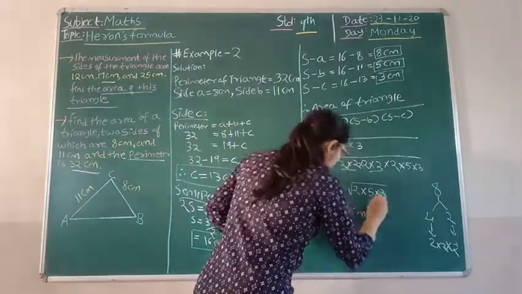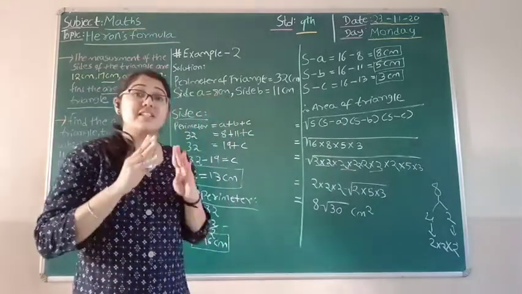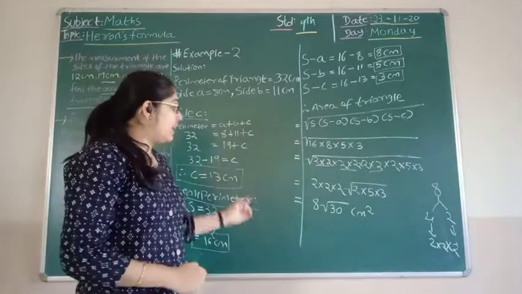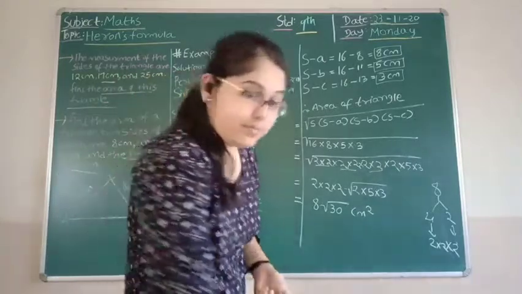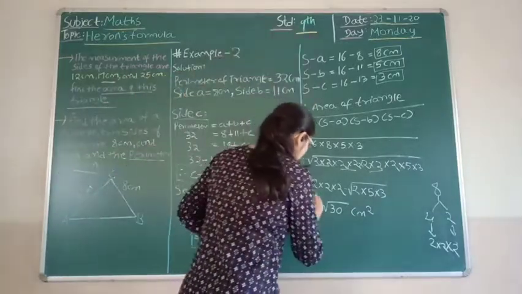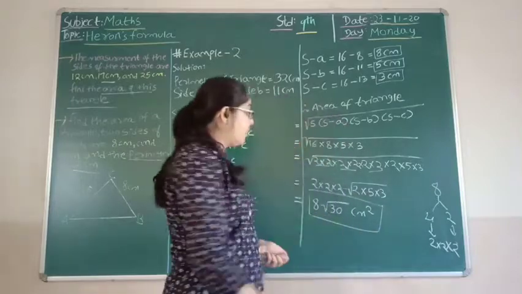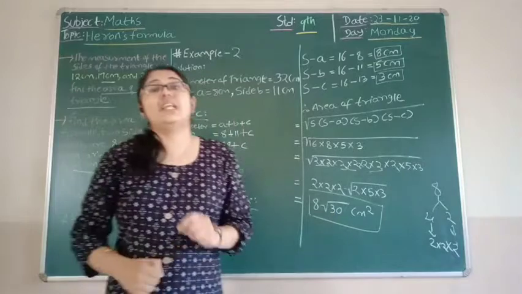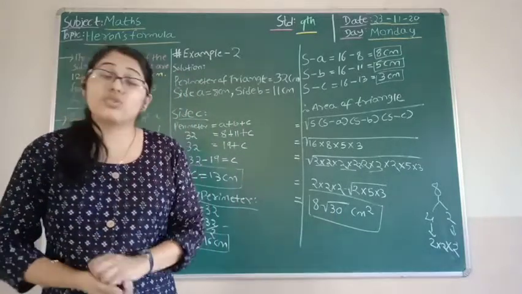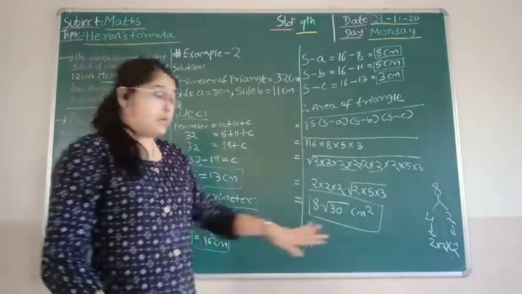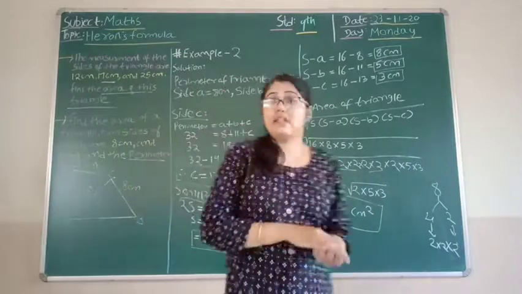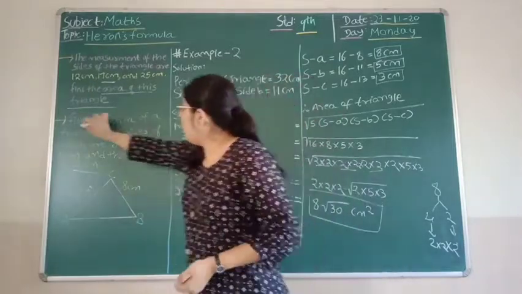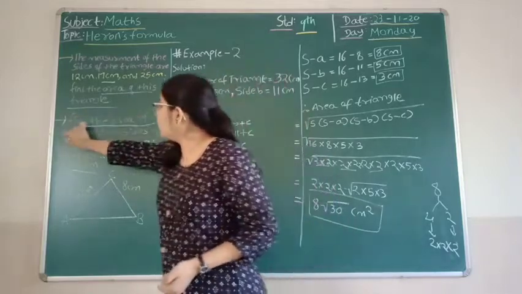So students, this is how we can find the area of a triangle, which we are getting as 8 under root 30 centimeter square. So students, this is how we are completing the sum, and finally you are getting the area of a triangle.